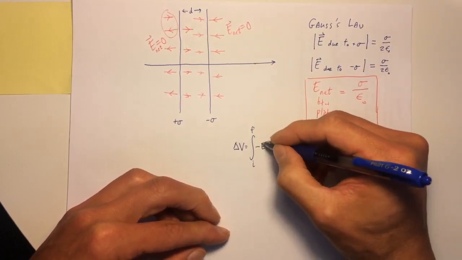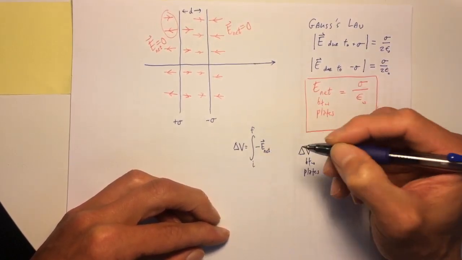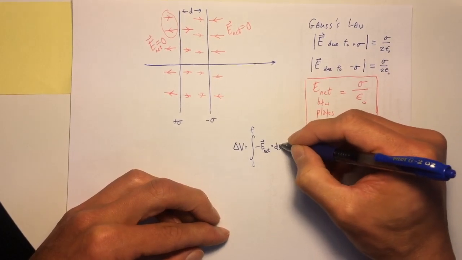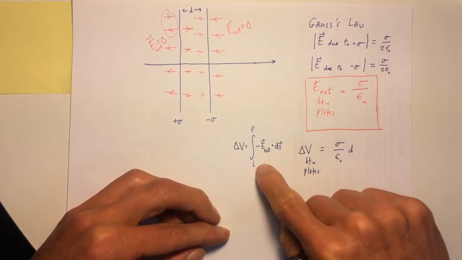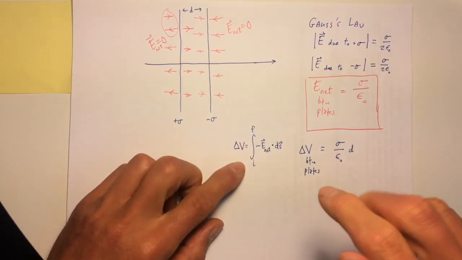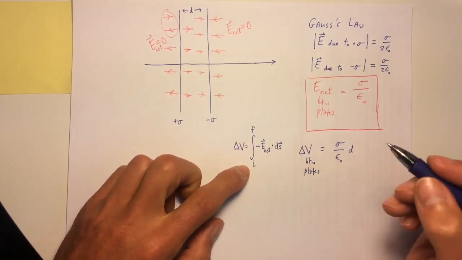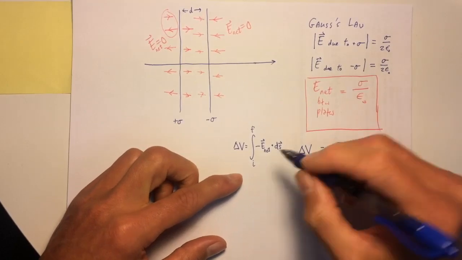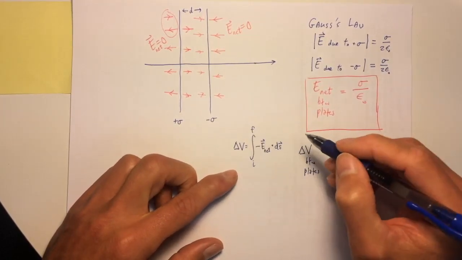You take the net electric field and dot it with displacements that take you from initial to final.